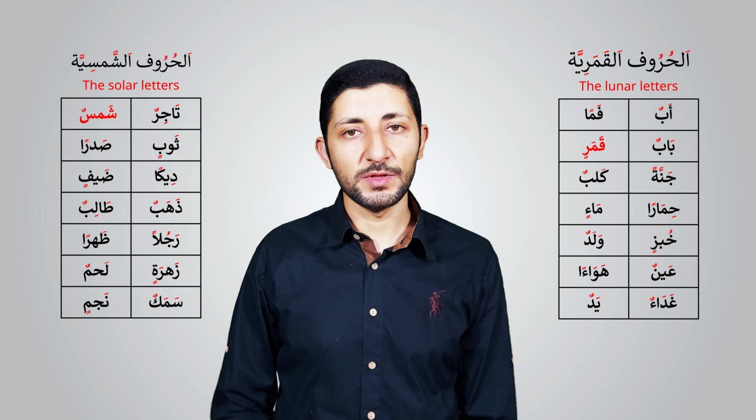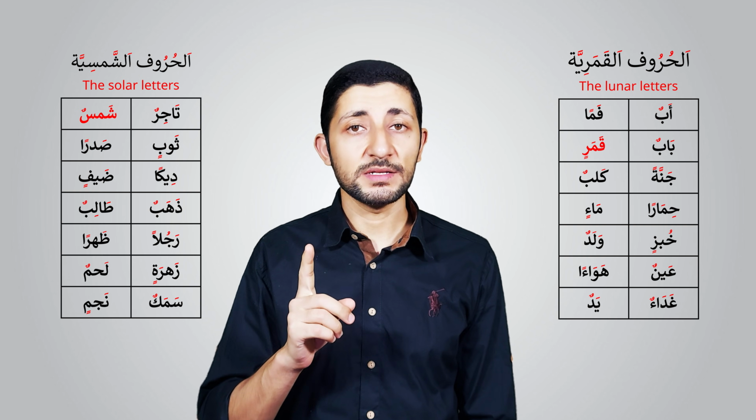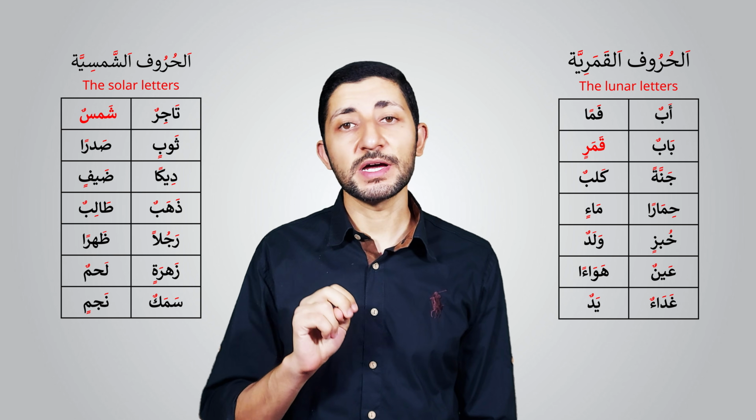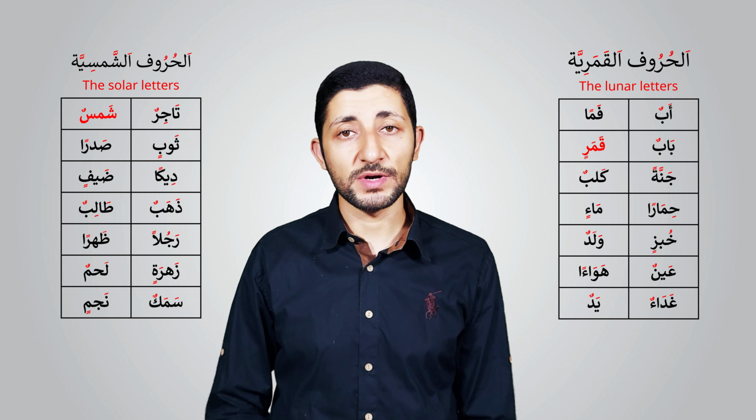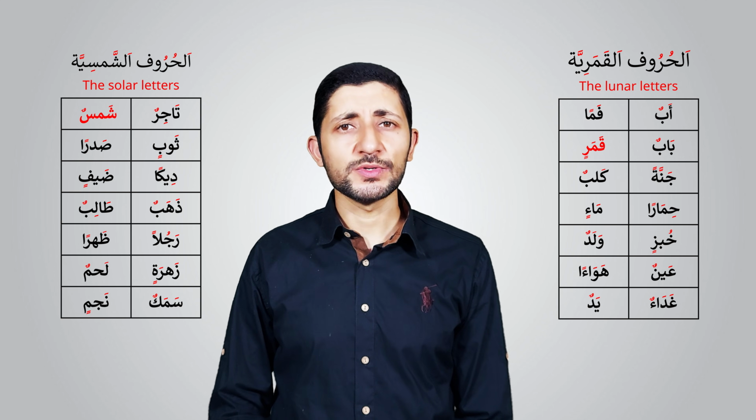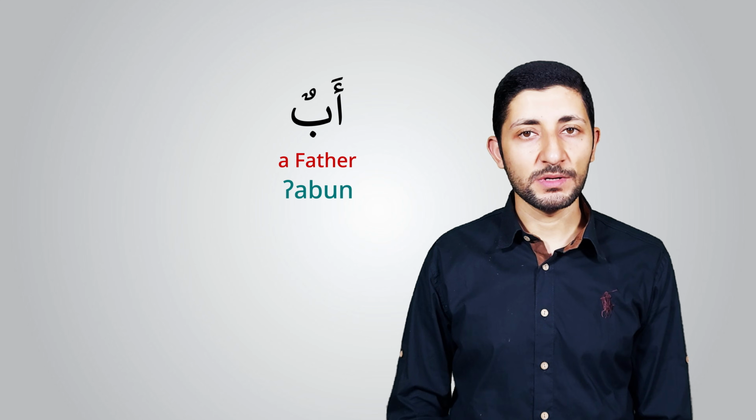To master the difference between اللام الشمسية and اللام القمرية, follow the same powerful exercise and practice it 3 times for every word in these 2 tables. 1 time as an indefinite noun, a second time after adding al, and a third time after adding wa before al. Let's take the first word as an example. Abun.